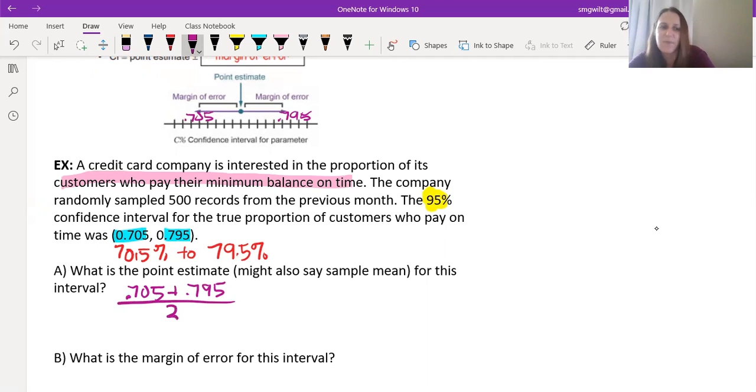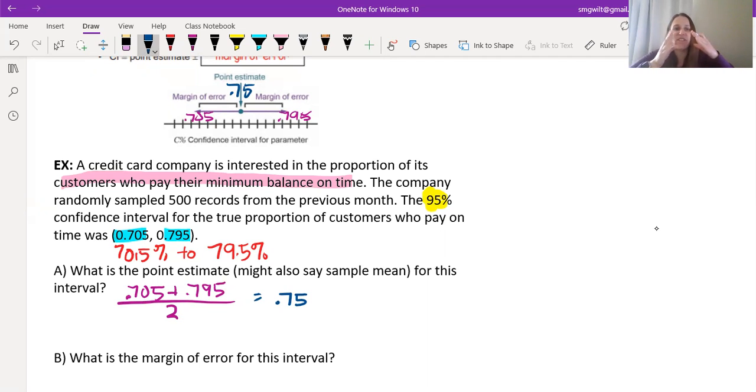Since there's two of them, I'm going to divide that by 2. So if I add and divide by 2, that gives me a point estimate of 0.75. So my estimation is that 75% of their customers pay on time, right? Okay, so that's the point estimate.